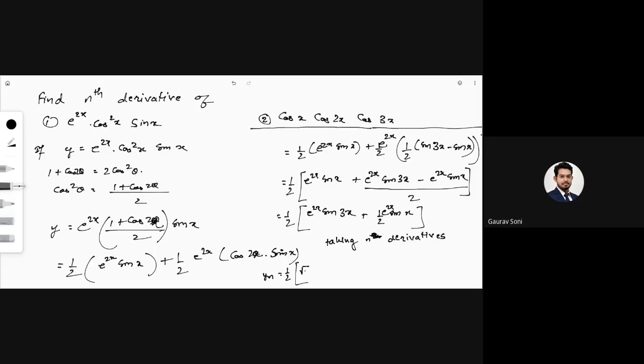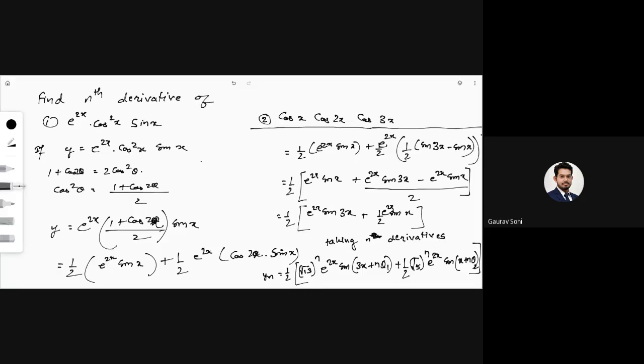Under root 13 raised to n e to the power 2x sine in bracket 3x plus n times theta 1, plus 1 by 2 under root 1 square plus 2 square, that is under root 5, raised to n e to the power 2x sine of x plus n theta 2.